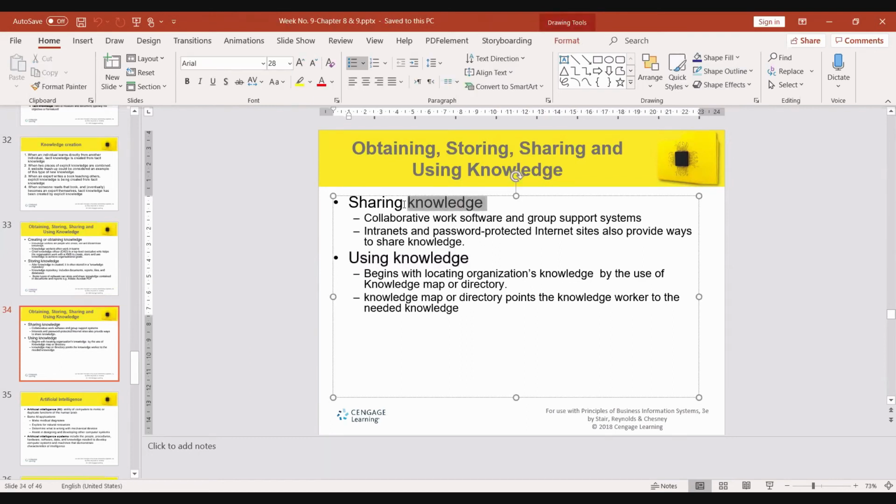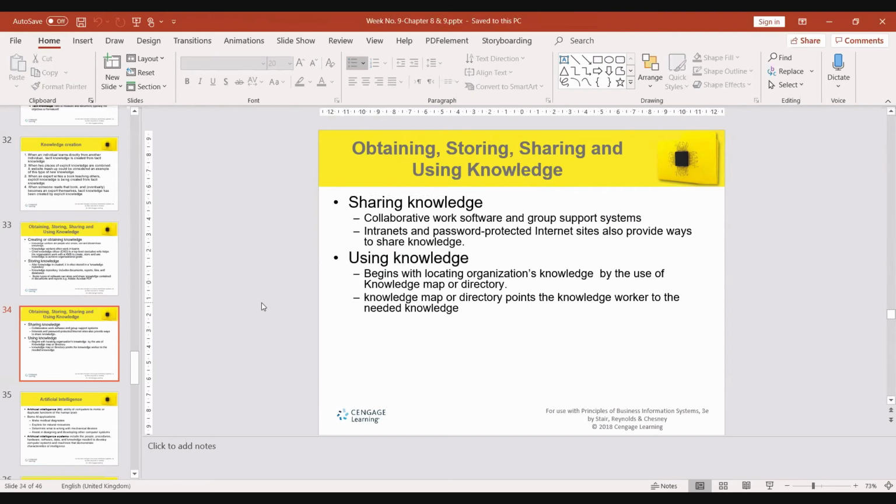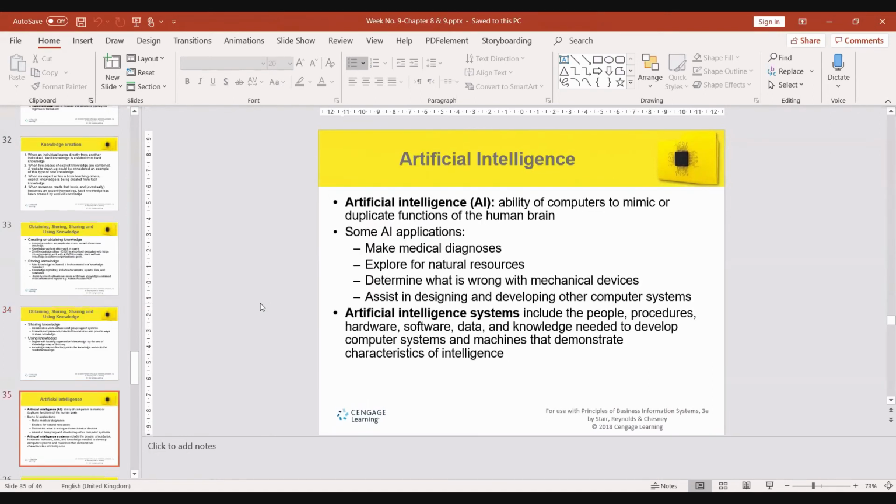In sharing knowledge, you can see the collaborative work software and group support system software that we have already discussed. The different systems can use this knowledge management system. So it means it would be an integrated system in ERP, Enterprise Resource Planning.